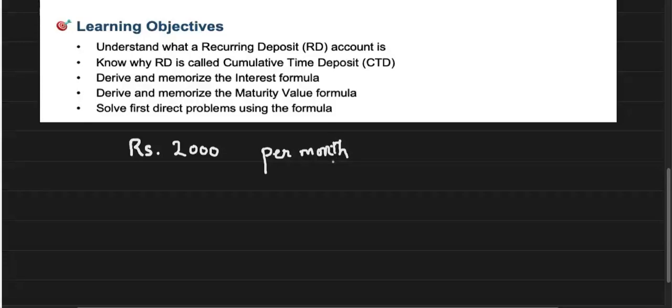Let's say for his child's education, he will do it for 2 years. Once the child clears 10th, he thought that it will be very difficult after the end of 2 years to pay the college fee or the degree fee. So he thought, let's start a recurring deposit and save money for higher education. Understood? So here the scenario is 2,000 per month for 2 years in a recurring deposit.